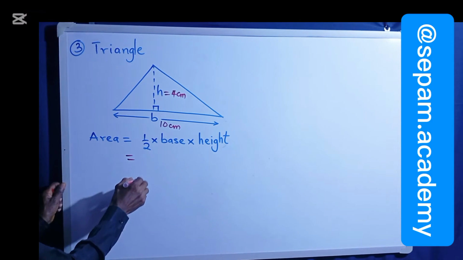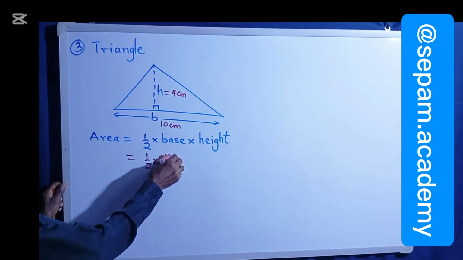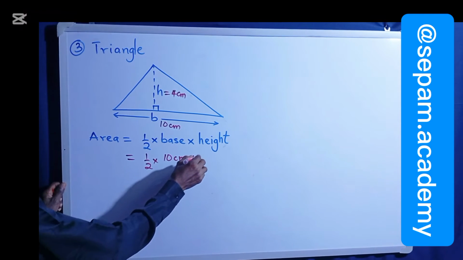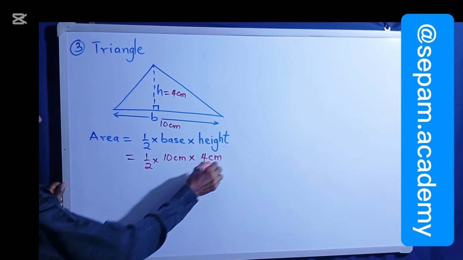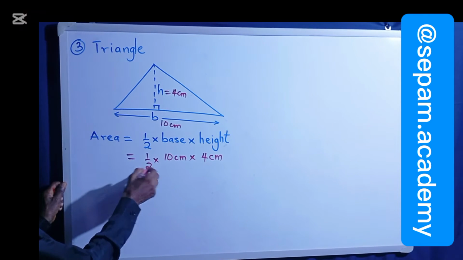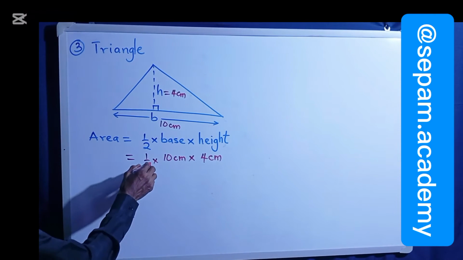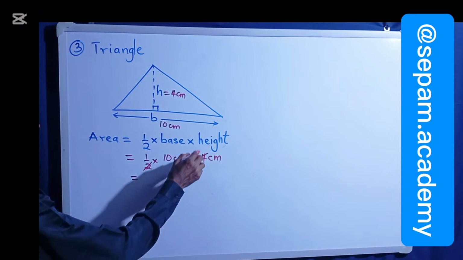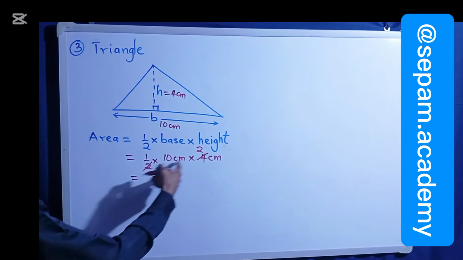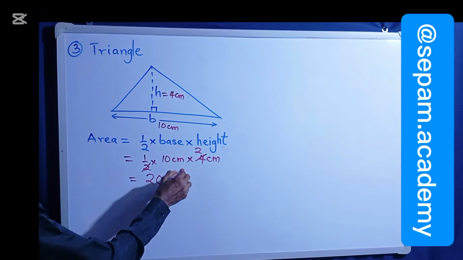The area is going to be half times 10 cm multiplied by 4 cm. Instead of using these two to divide 10, I can use this to divide this to give me 2. So 2 times that will give me 20 cm square.